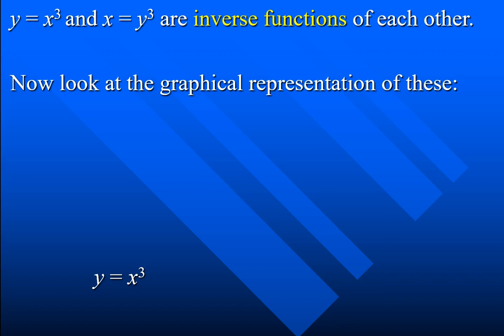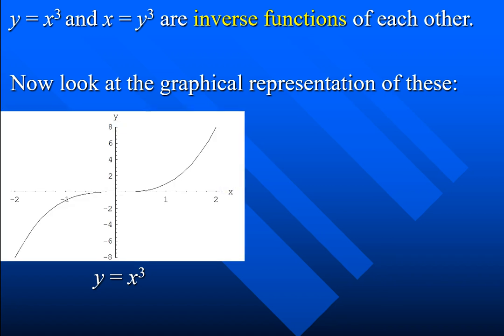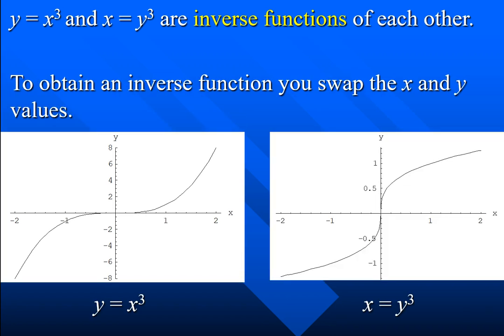The graphical representation, so there you've got y equals x cubed, the original function, and its inverse, x equals y cubed, which we're not very familiar with plotting. Possibly the easiest way to plot some of these graphs is to understand that the inverse function is a reflection of the original function in the line y equals x, and to create the graph that way.